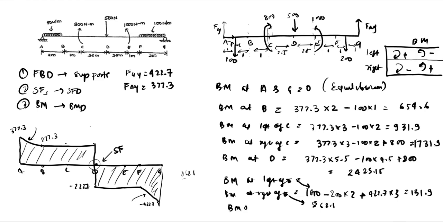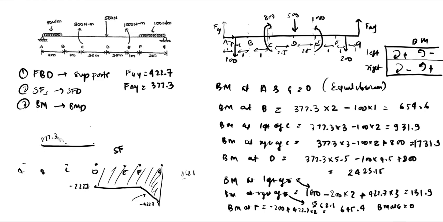So we have bending moment at F also, which will be 200 into 1 clockwise, so minus 200 plus 422.7 into 2 because of the FGY force. 422.7 into 2 minus 200 is 645.4, and we have bending moment at G as 0. So we have calculated all the bending moments now. Let us make the bending moment diagram quickly.